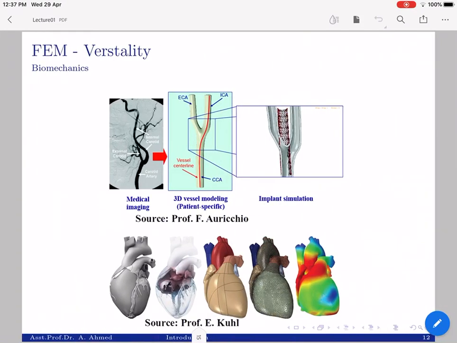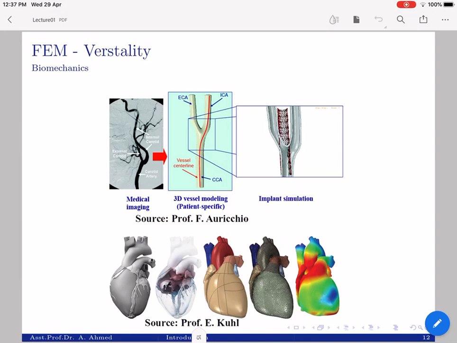Similarly, it has wide application in the field of biomechanics, where you might want to automate operations. For example, people are using this kind of finite element technology to automate stent injection in human arteries.